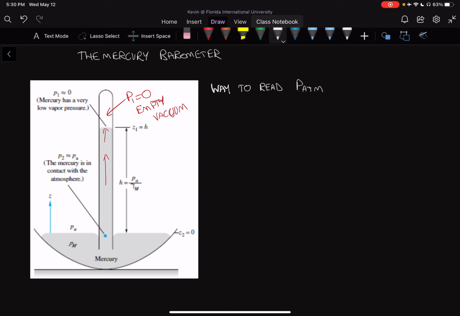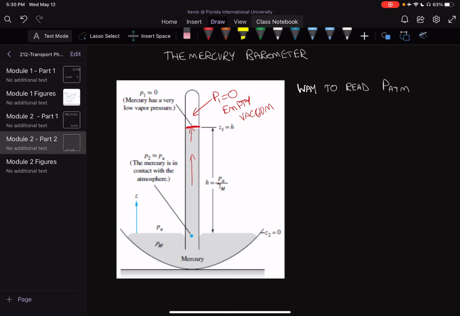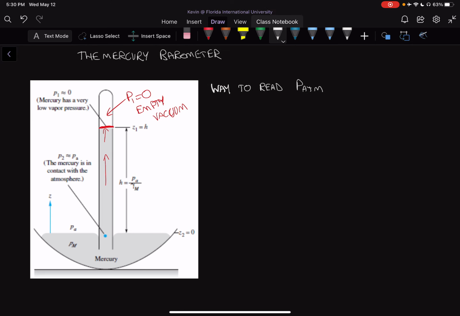We know in our system that the pressure at the top here is equal to 0. We know that the pressure at the top, P1, is equal to 0, so we can call this point 1. Point 2 can be defined as this point right here. Now, at point 2, we have atmospheric pressure.